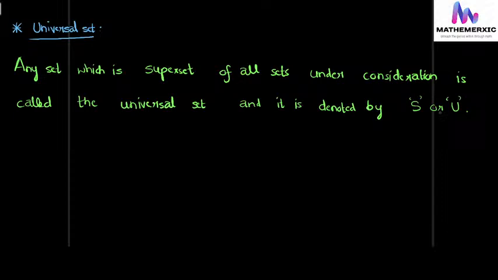A universal set can be chosen arbitrarily for any discussion of given sets, but once chosen, it is fixed for that discussion of the sets.